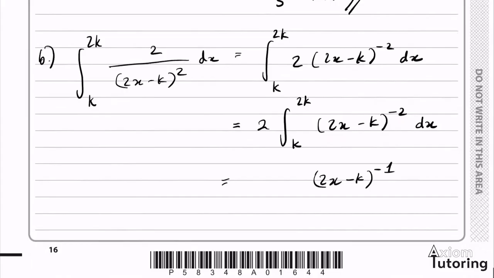And from there, I always think about what do you get if you work backwards? Well, if you differentiate this, you're going to get a minus 1 in front. Of course, there's no minus 1 here. So then if you're going to get a minus 1 when differentiating, then you need a minus 1 to cancel that out. And then when differentiating, you're also going to have to differentiate what's inside the bracket. So you're going to get a factor of 2. In fact, that's this factor of 2.